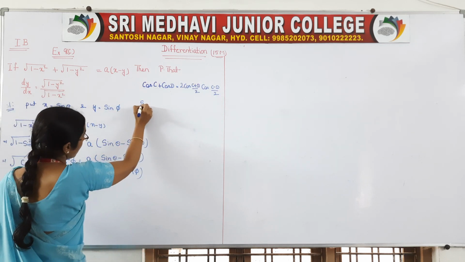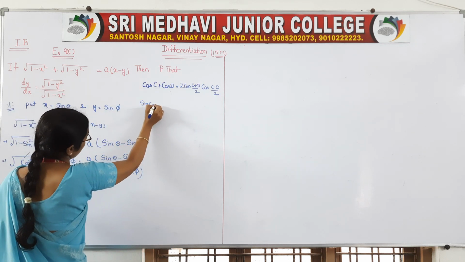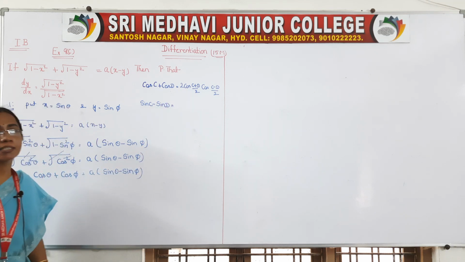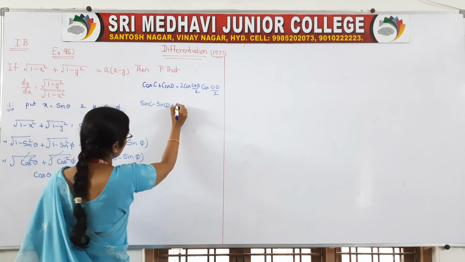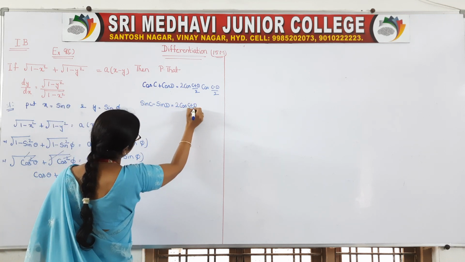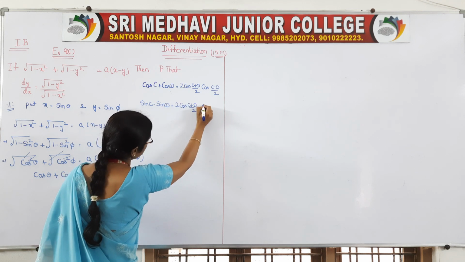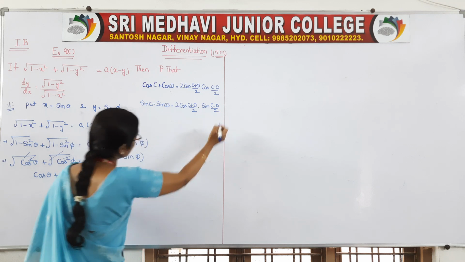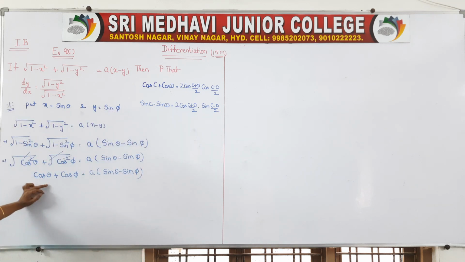Similarly, here we have the sin C minus sin D form. Sin C minus sin D is equal to 2 cos of (C plus D) by 2 into sin of (C minus D) by 2. These are the two formulas we are going to use here.